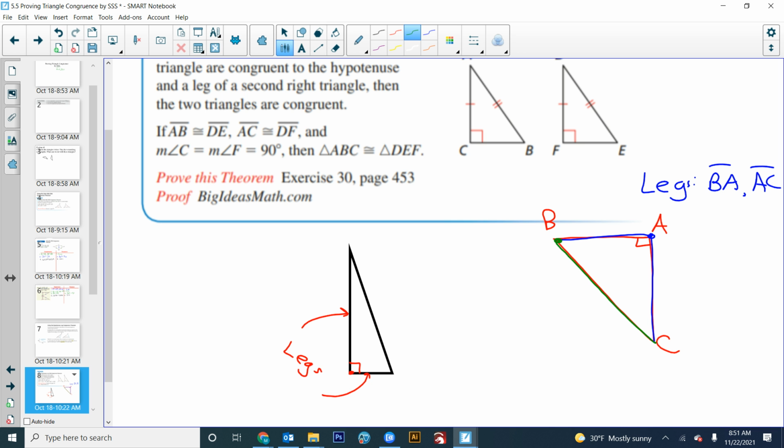The problem with saying it's where it's slanted is that as this triangle turns, the slant changes. We're going to make this very simple.